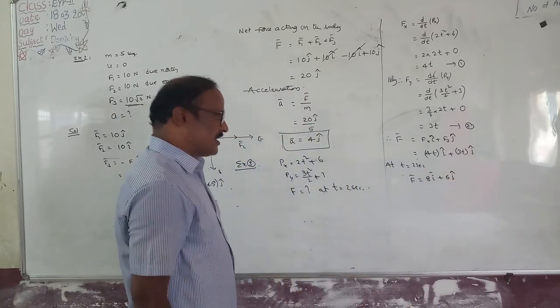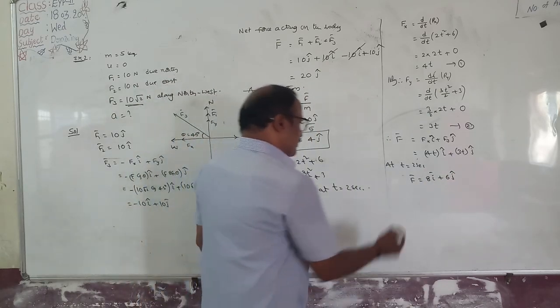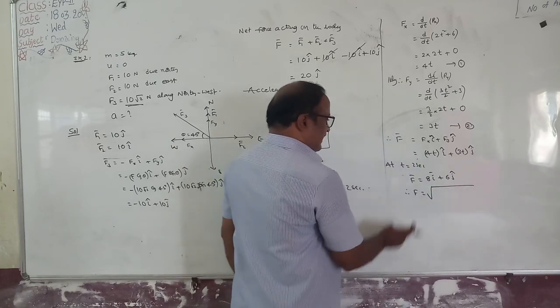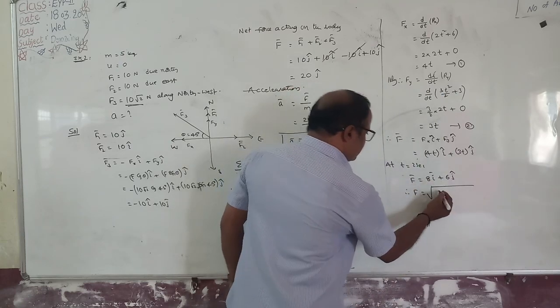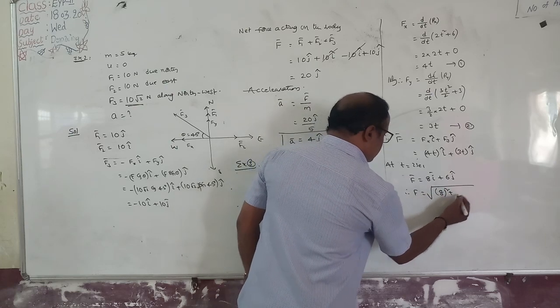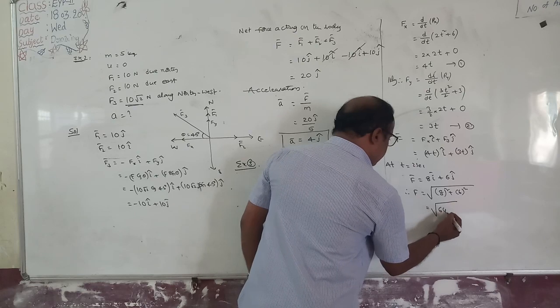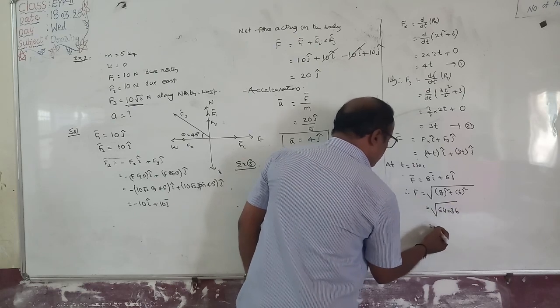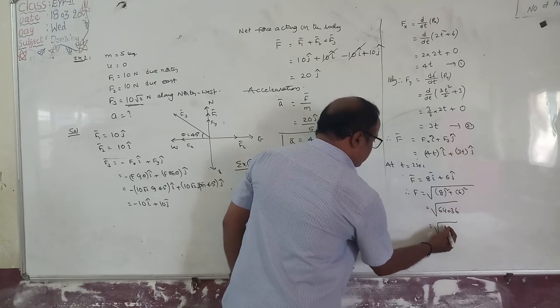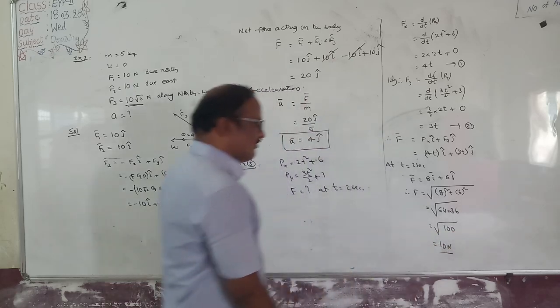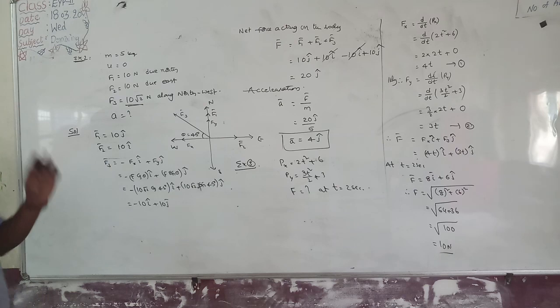This is the vector notation of force. Therefore, magnitude of the force is given by F is equal to root of Fx square plus Fy square, means 8 square plus 6 square. That is root of 64 plus 36. Root of 64 plus 36 is equal to root 100. Root 100 is equal to 10. Therefore, the force acting on the body is equal to 10 newtons.